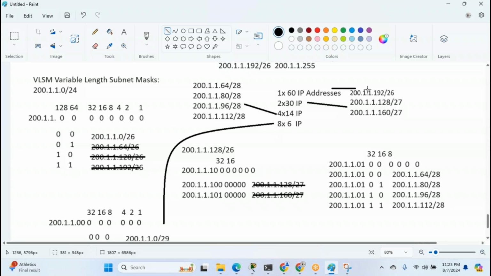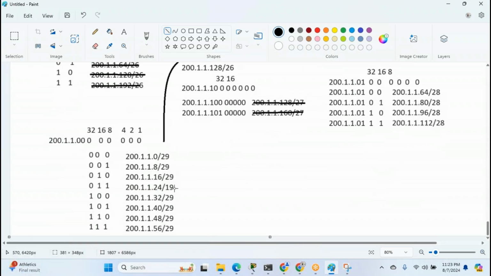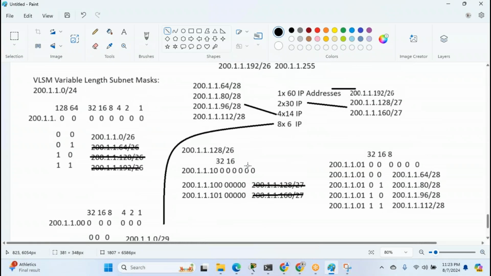You can see this customer is using /26, this customer is using /27, this one /28, and this one is using /29. All of them are using subnets of one major network, 200.1.1.0/24, with different subnet masks. That's why we call it variable length subnet masks.